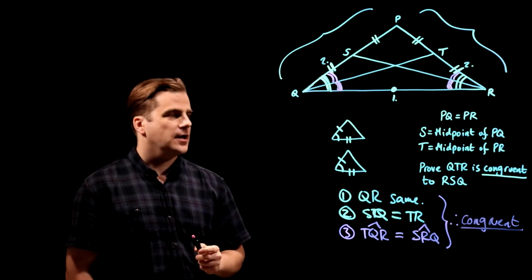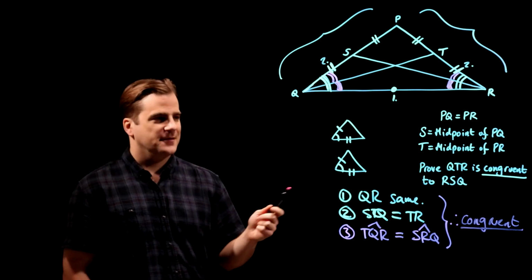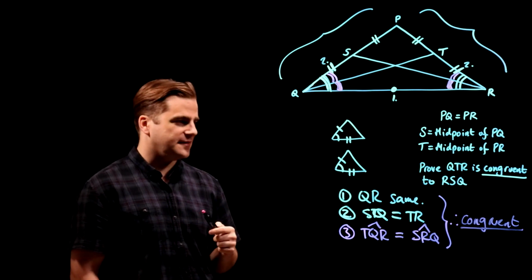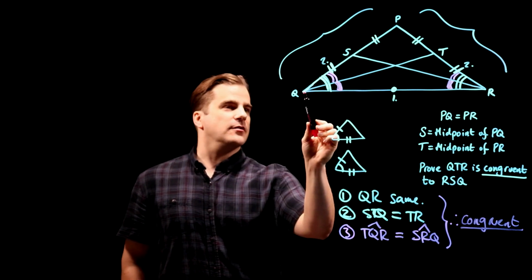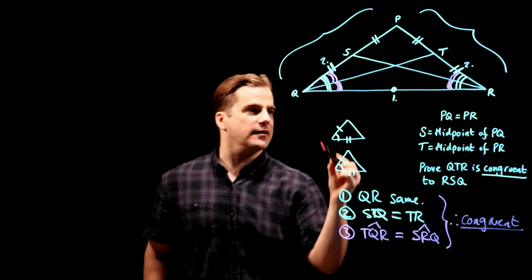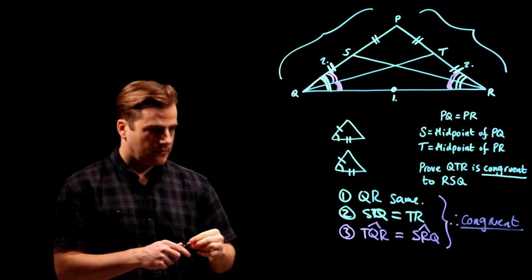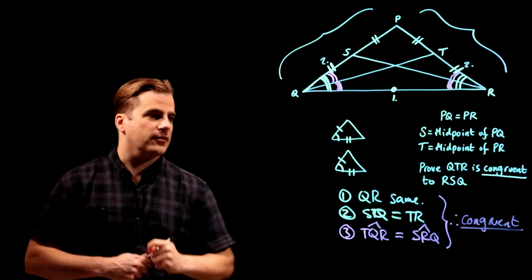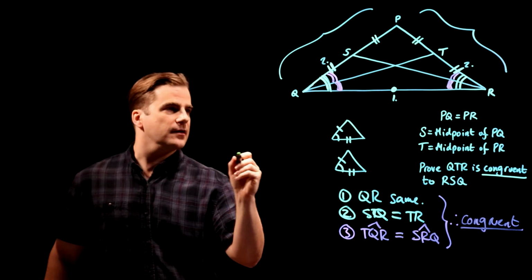Okay, let's go through that again, obviously not in as much detail. QR is the same, so they both have this bottom side the same length. I'll draw them separately.